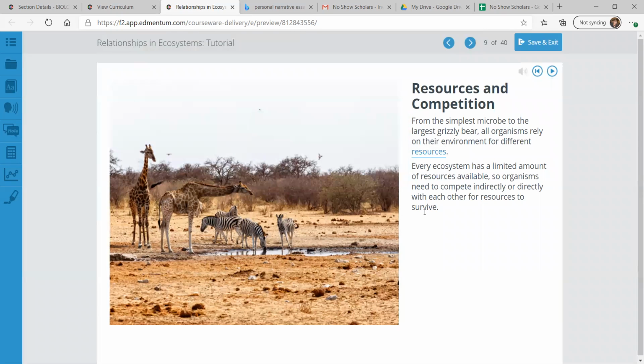Every ecosystem has a limited amount of resources, so only so many organisms can be supported at one time. So this is why organisms are competing, either directly or indirectly, with each other for survival.